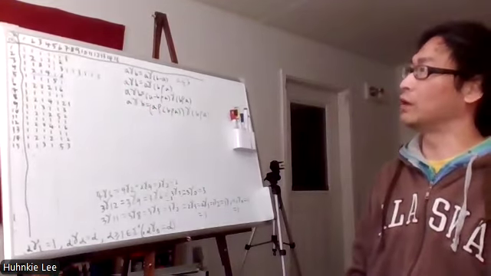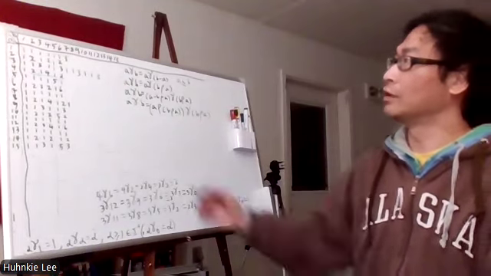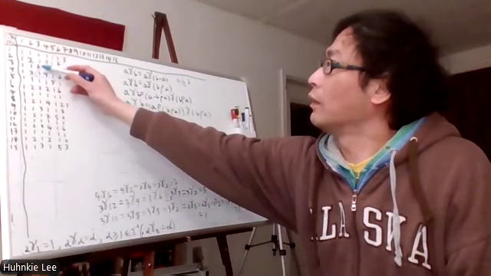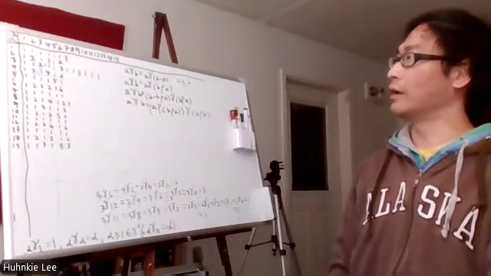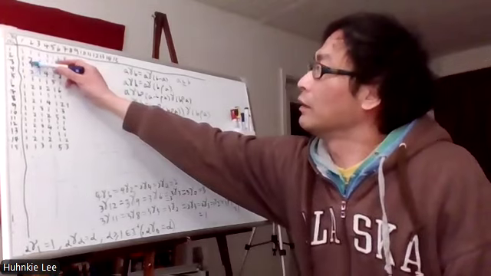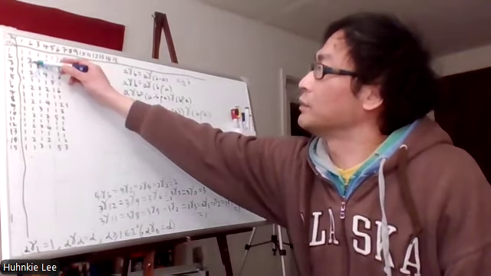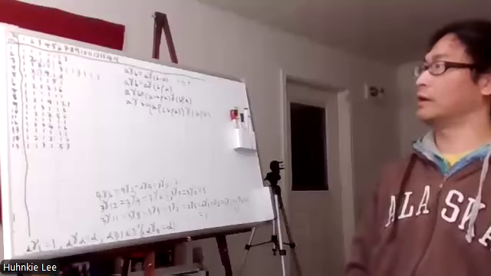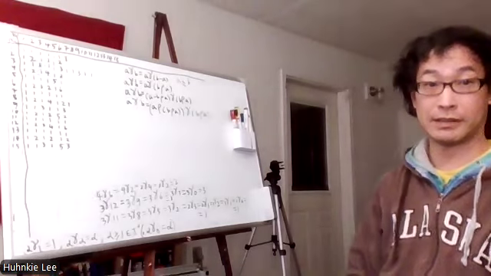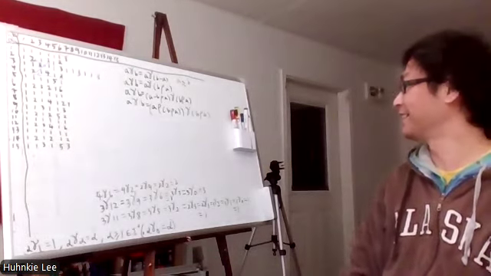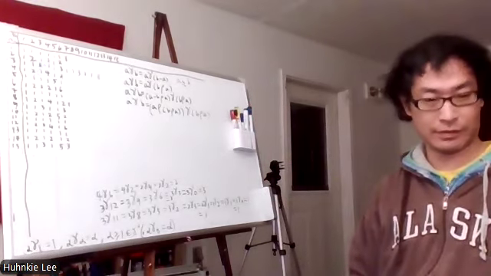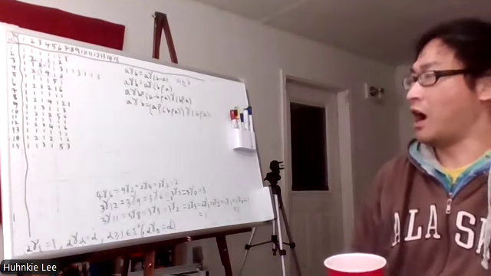And 4 gamma 2 is 2 gamma 4, and 2 gamma 4 is 2 gamma 2. And that's a base case because it's on the diagonal. Okay? Nice, beautiful.